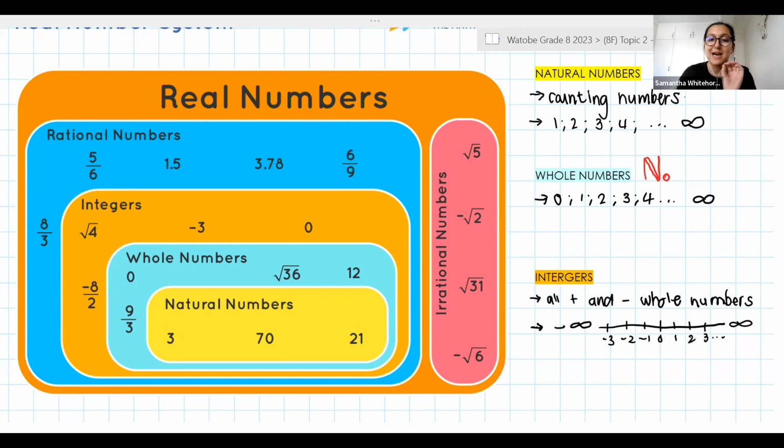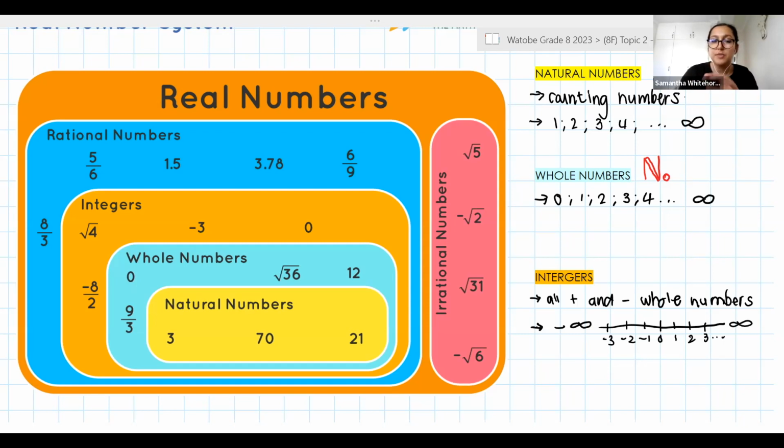So integers now include negative numbers. And this is another type of number that we are eventually going to talk about, so that's why I'm mentioning it to you now. Integers include negative numbers.